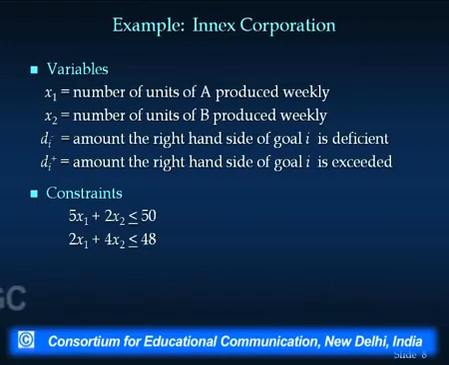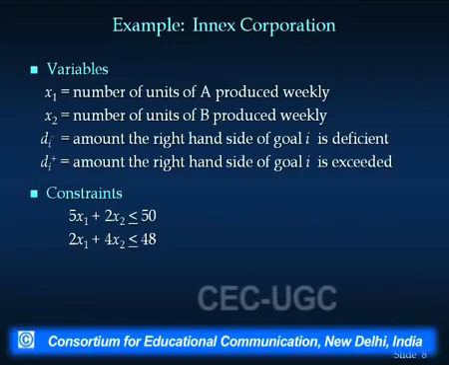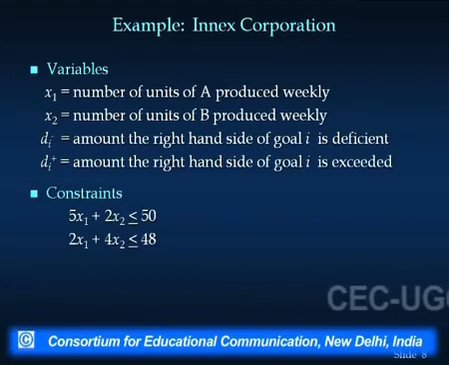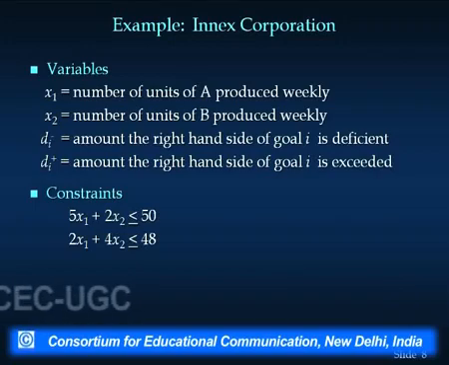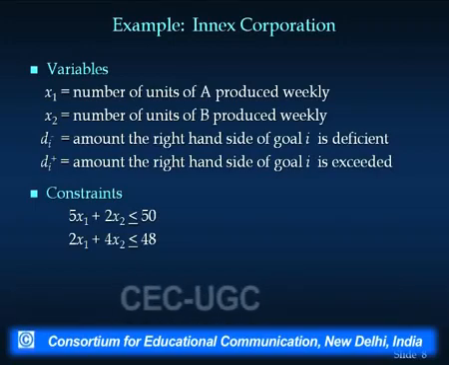Let us assume x1 is equal to the number of units of A produced weekly. X1 is the number of units of product A produced weekly, and similarly X2 is the number of units of product B produced weekly. And now Di minus and Di plus will add deviation variables.